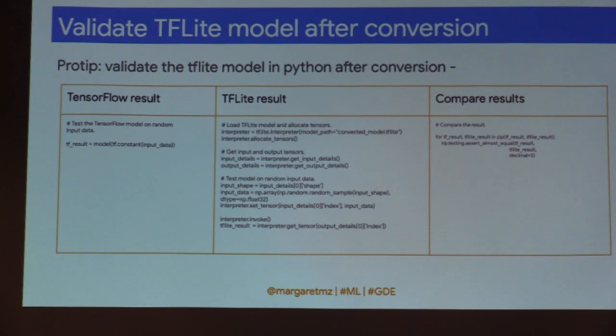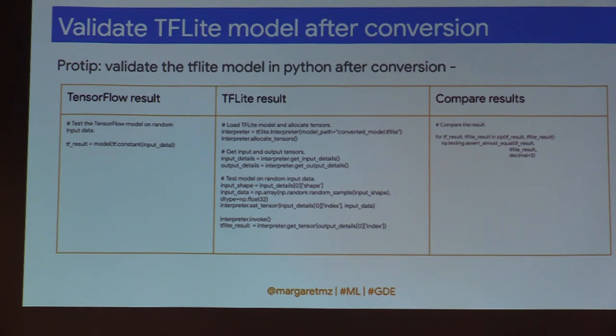So here, this step is actually a validation. After you do a conversion from either a SavedModel or a Keras model to a TFLite model, before you deploy to your mobile and edge devices, I highly recommend you write this Python code to actually validate that your model is still working after the conversion, that it is still as good as before the conversion.